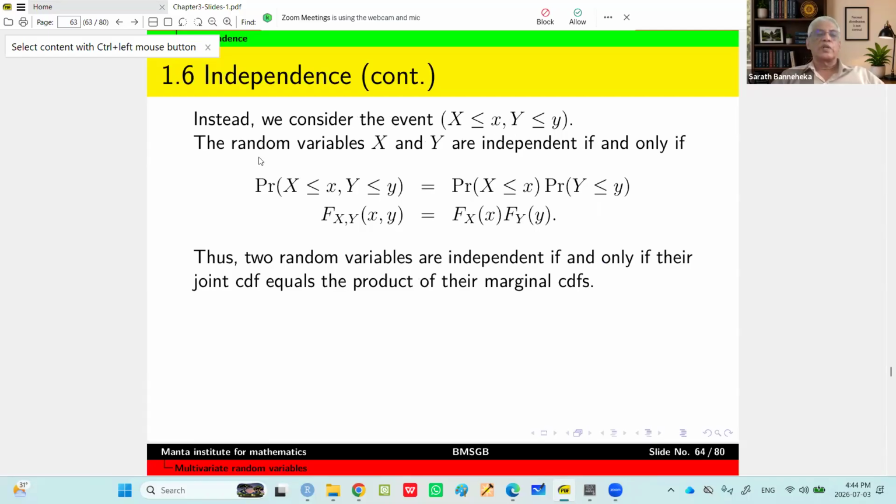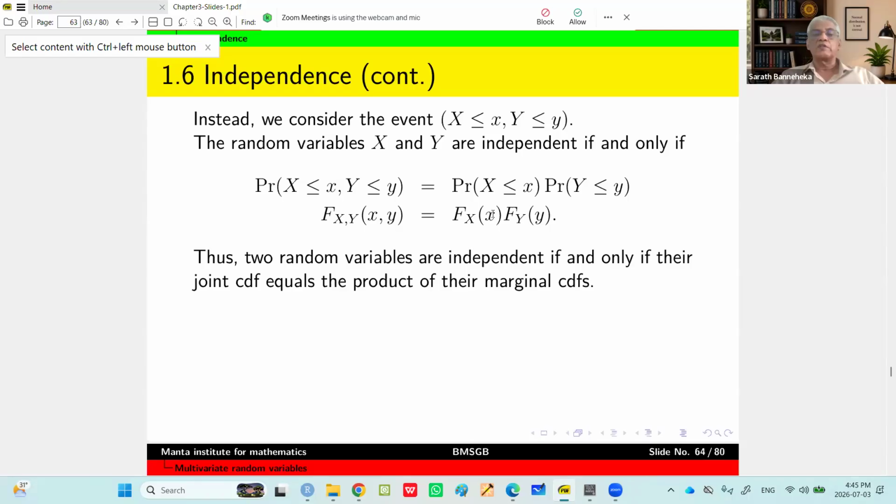The random variables X and Y are independent if and only if the probability X less than or equal to simple x and Y less than or equal to simple y is equal to the product of those corresponding probabilities, which can be written in terms of the joint cumulative distribution function and marginal cumulative distribution functions. This is the joint cumulative distribution function of X and Y evaluated at simple x and simple y.